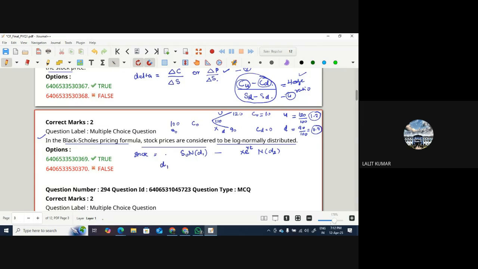And how do we calculate d1 and d2? d2 is d1 minus sigma root T. When you calculate d1, it becomes ln of S0 by X plus RF plus sigma squared by 2 times T, divided by sigma root T. So when you see this formula, there is a logarithm of S0 and X. So again, it is considered a lognormal distribution. Is this okay? These are the two formulas.